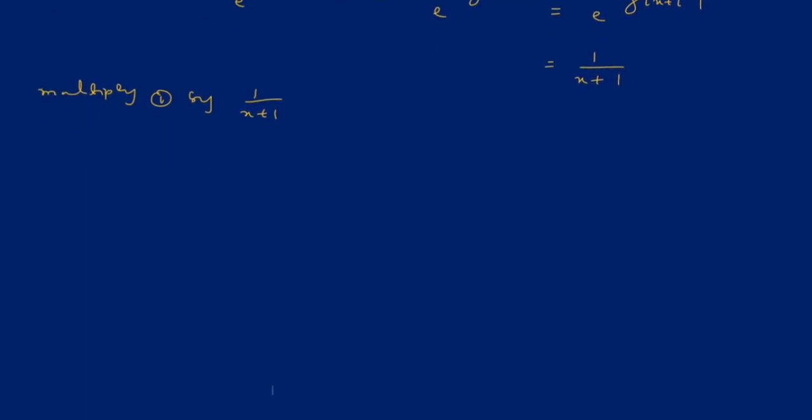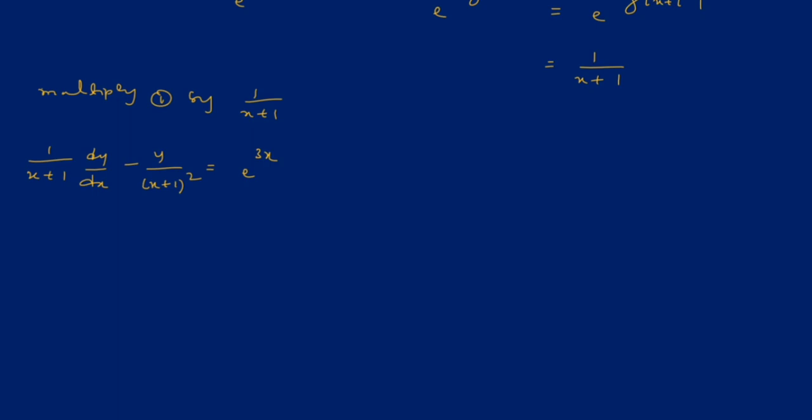Then we get 1 upon x + 1 dy/dx minus y upon (x + 1) whole square, which equals e to the power of 3x.